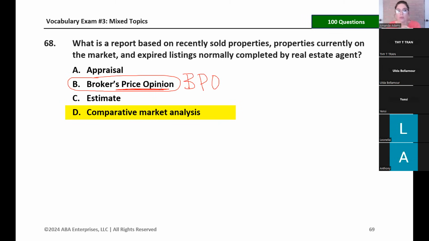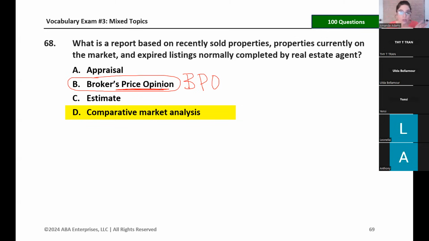So if you are looking to buy a commercial property in another area that you're not familiar with, Rajneet, you might call up a commercial broker in that area and ask them for their opinion of the value of the property, because they would have more insight into it. It's a way to get an idea about the value without having to do a formal appraisal.